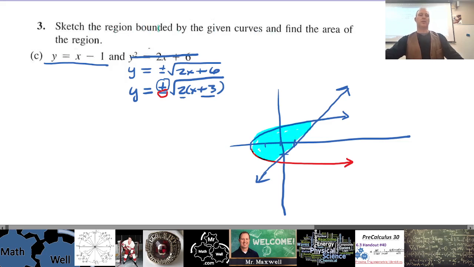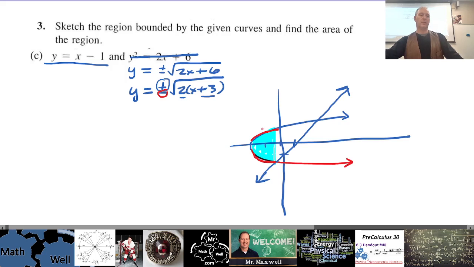Sketch the region bounded by the given curves. So that's what I want to find, but I have to split that up into sections. So here's the first section. Why is this the first section? Because I have an upper bound and a lower bound that doesn't change throughout this interval.